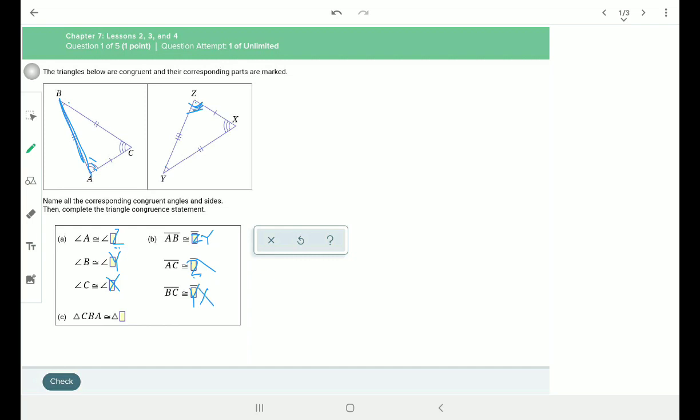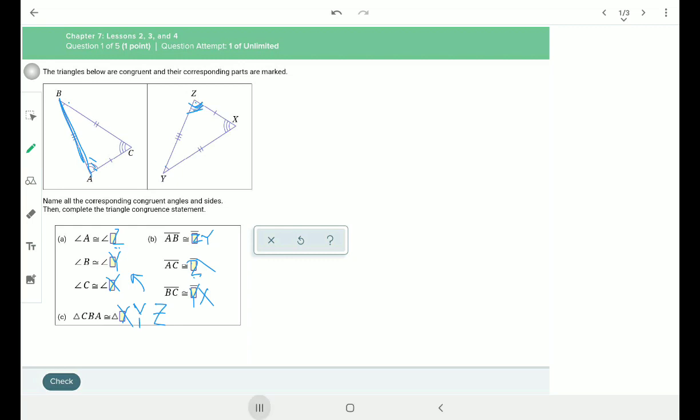You can always just refer back to over here where we found out the congruence. Now triangle CBA has to refer to triangle, well, C refers to X, so since C is first, X has to be first, then Y, and then finally Z. So CBA refers to triangle XYZ.